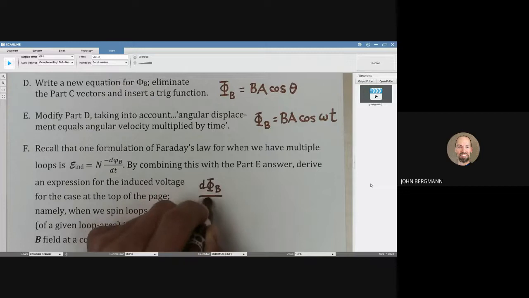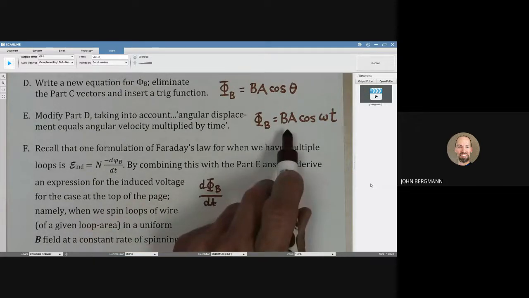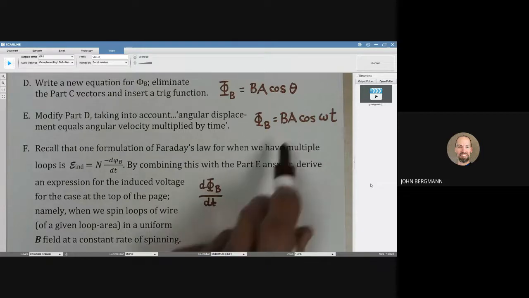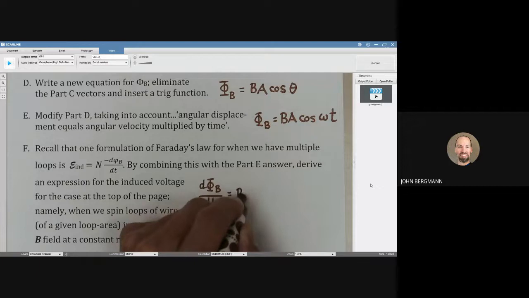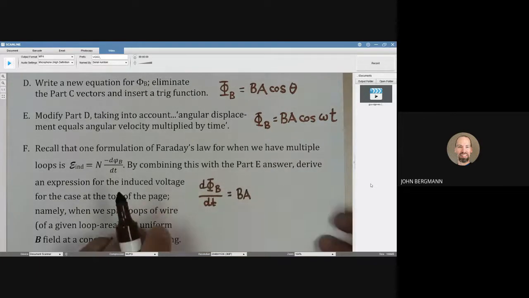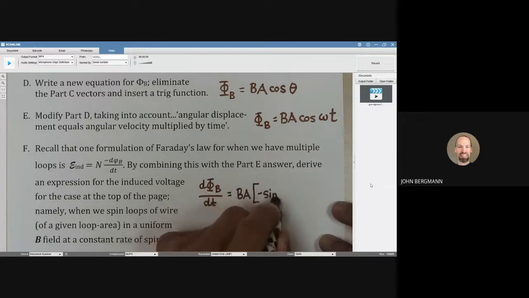If we take the time derivative of this right here, what do we get? Whenever you have a derivative, you can keep the constants right where they are. Then when you differentiate the cosine, you get negative sine of that thing.